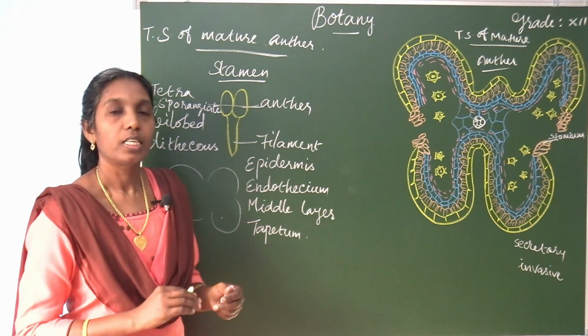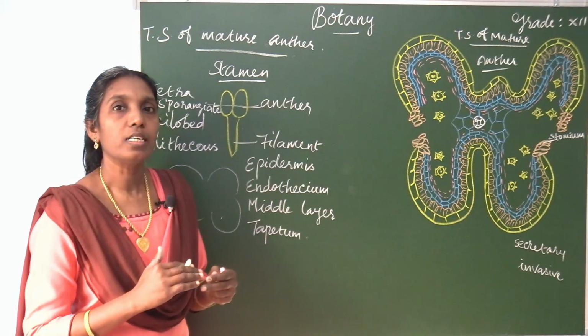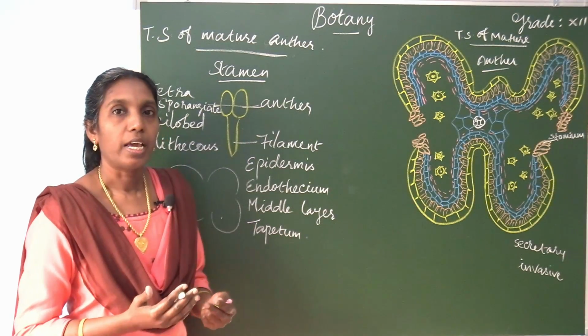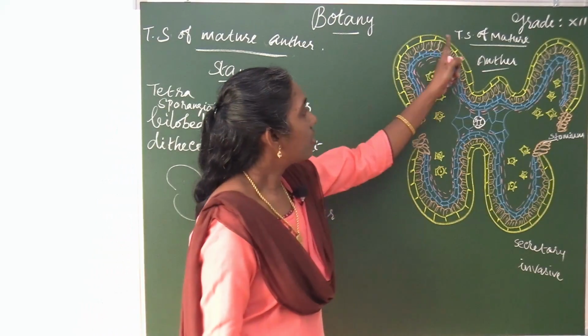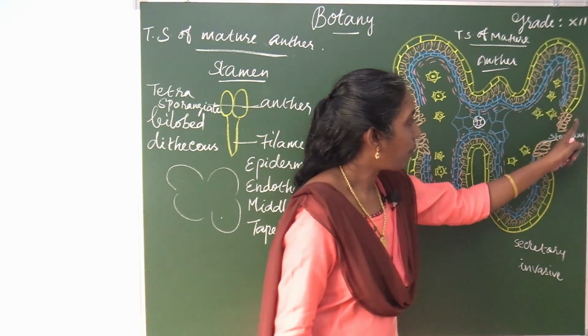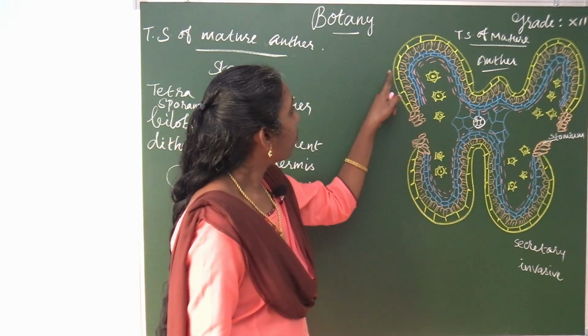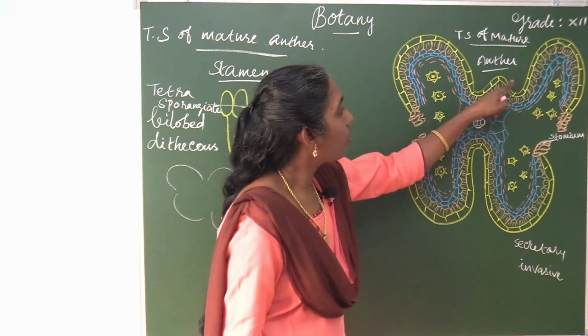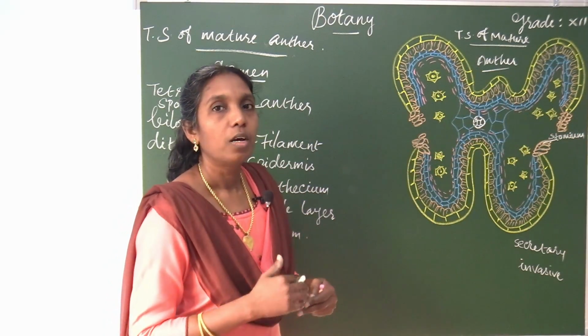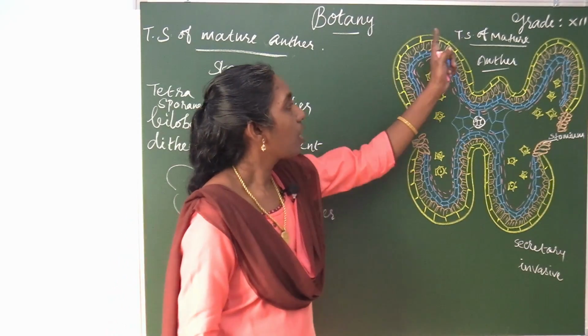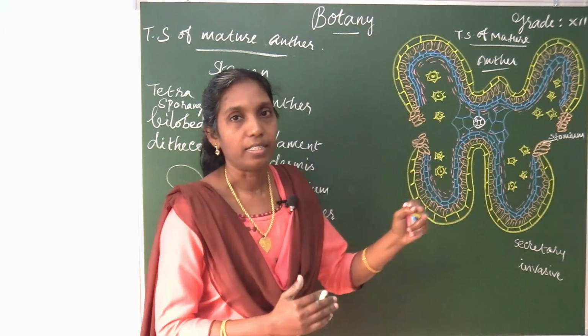Epidermis. Epidermis is the outermost layer and it is protective in function. Look at this diagram. The outermost layer is epidermis, which is made up of a single layer of cells. The function of epidermis is protection; it gives protection to the anther.